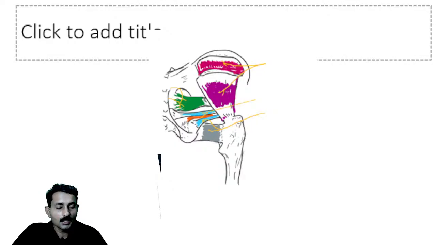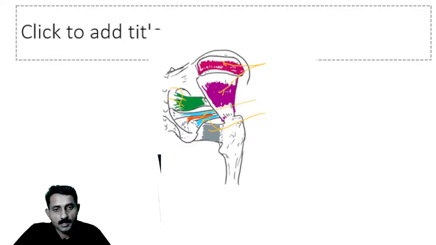Just apply logic. The nerve to obturator internus will supply, obviously, obturator internus and superior gemellus. The nerve to quadratus femoris will supply quadratus femoris and inferior gemellus.